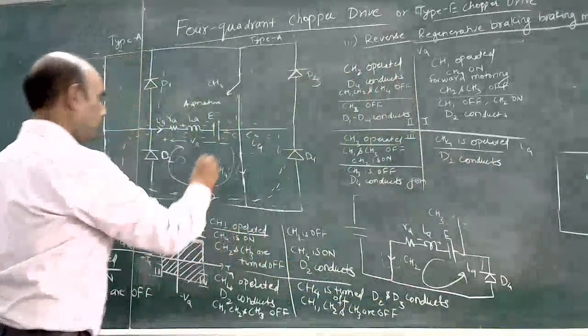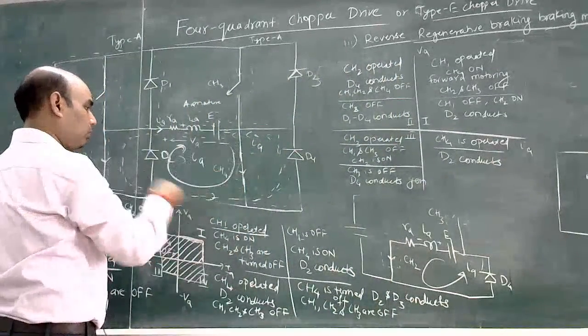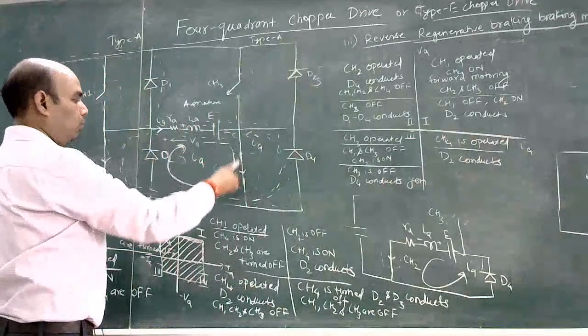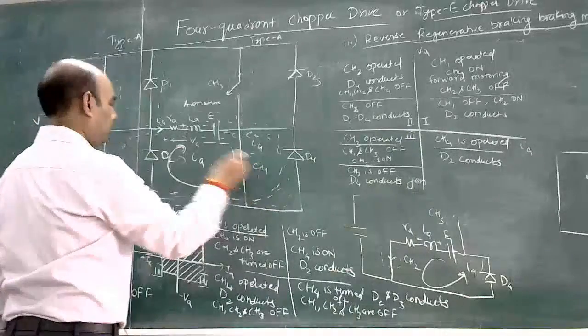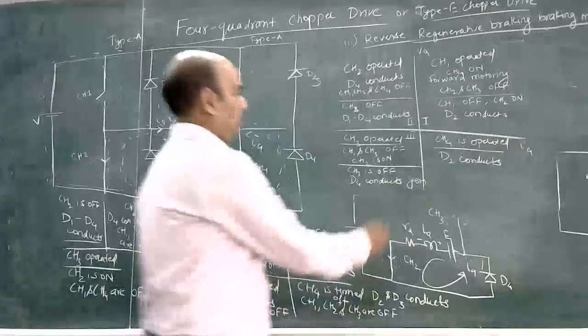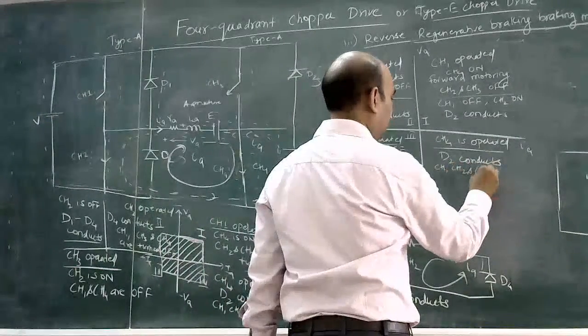Now current will flow like this, in the positive direction. So IA is positive, and it will flow in this direction through CH4, D2 and the armature. And here all the switches CH1, CH2 and CH3 are closed.